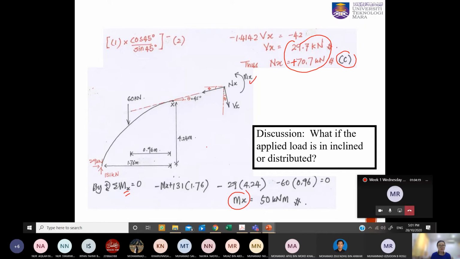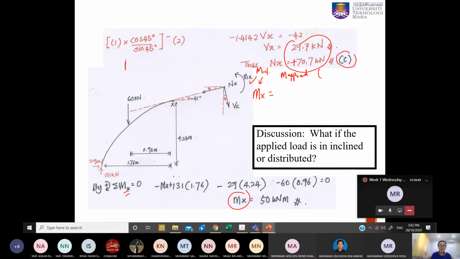So now let's go quickly here. If you are to apply the method that we want to get fast, we write the internal force here, Mx equal to, then the M applied happens at the point x. This is M internal.